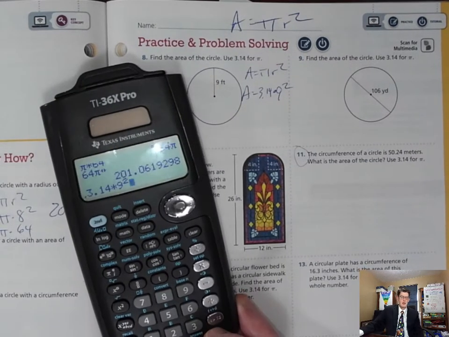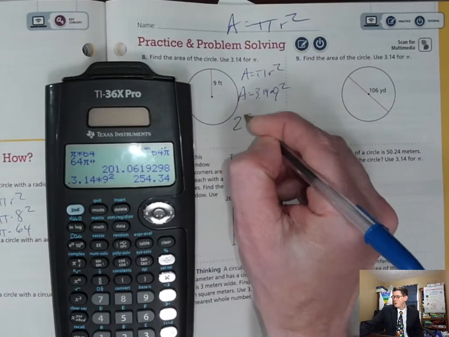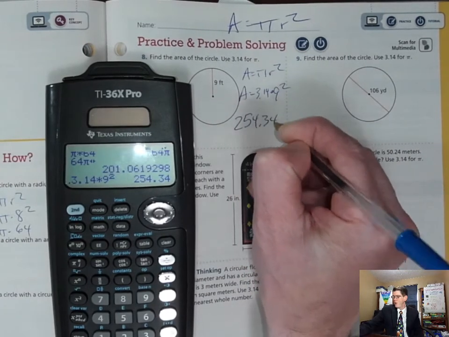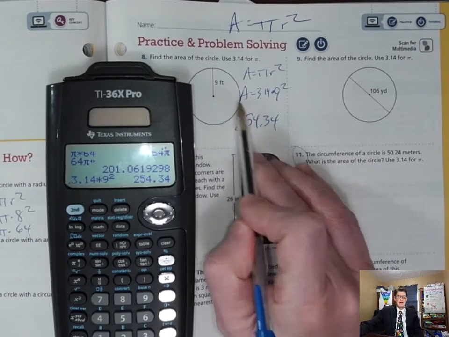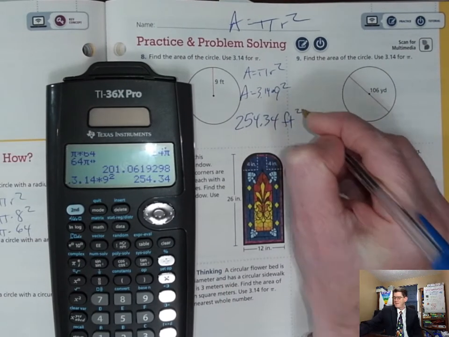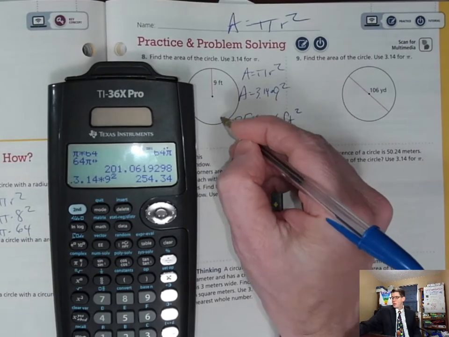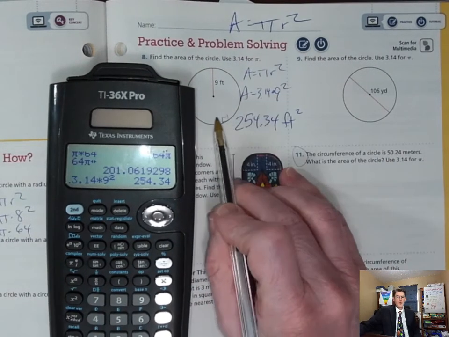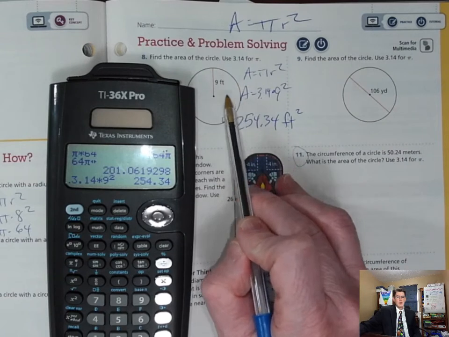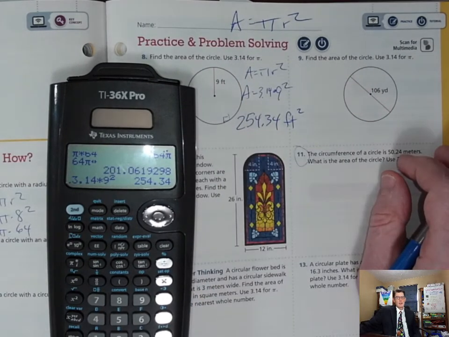So what's pi r squared there? It is 254.34. We did feet, so we did feet times feet, or feet squared. If this is 1 square foot right there, you can fit 254 square feet in that circle.